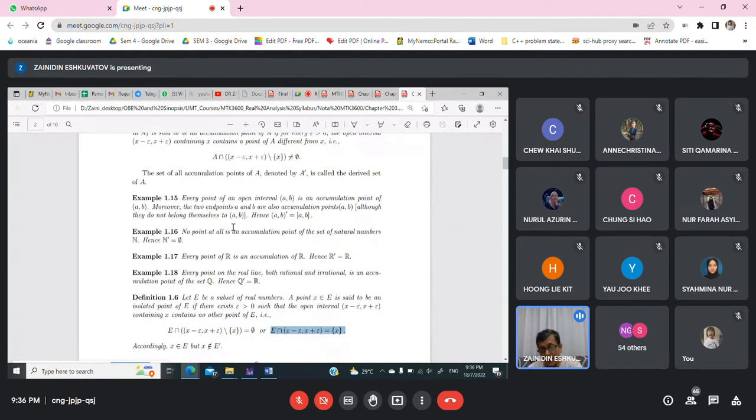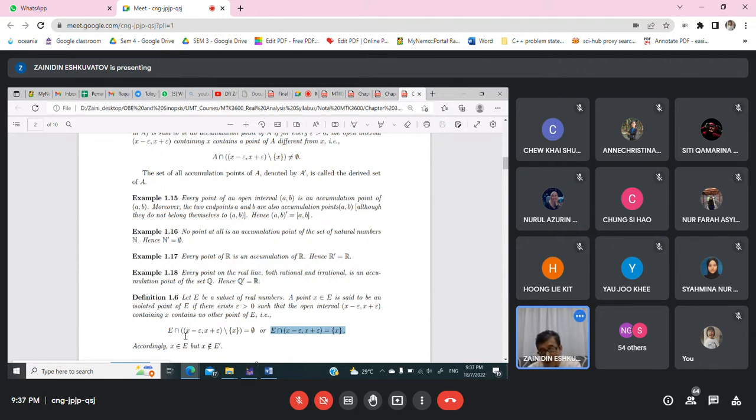It looks like, you know, if I remove the equality and shift this X to the right, you see? For the isolated points, we have equality. For the accumulation points, we have non-equality. But it is not exactly like this.